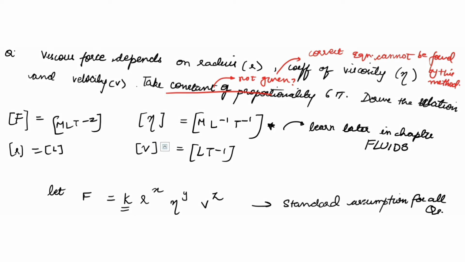There is one more application of dimensional analysis, which is to convert the value of a physical quantity from one system of units to another. Let's see how we can do it. Let me give you an example: find the value of force in the CGS system.